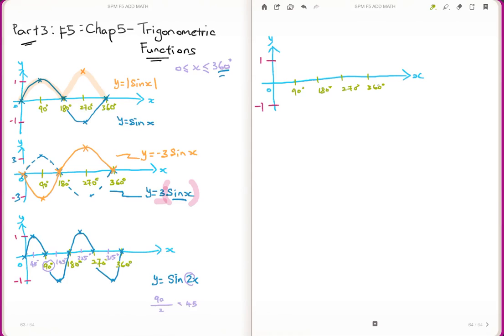Now, as I mentioned earlier, you may multiply x by a round number, and at the same time you should be able to multiply by a fractional number, maybe half an x, which also equals sine x by 2. Okay, they are the same.